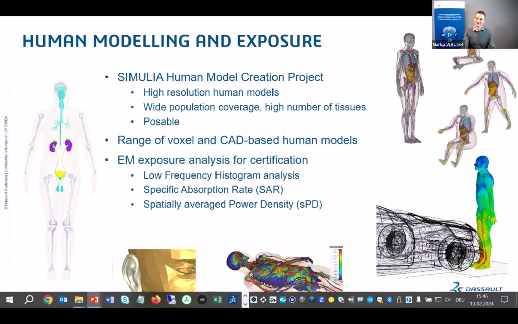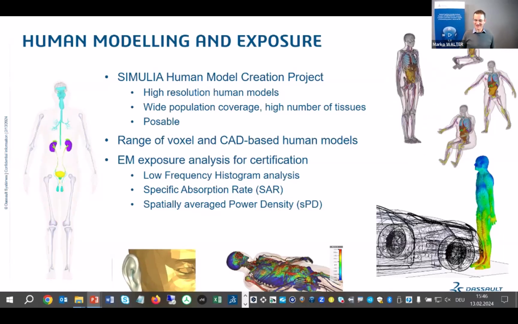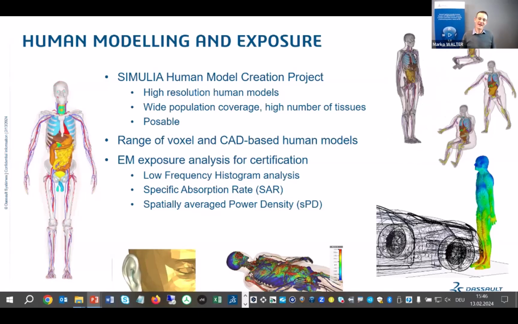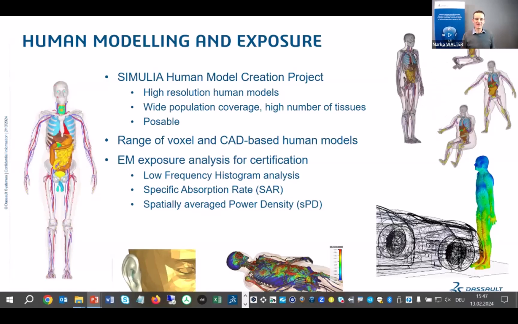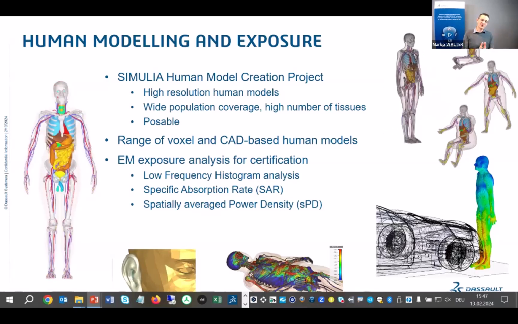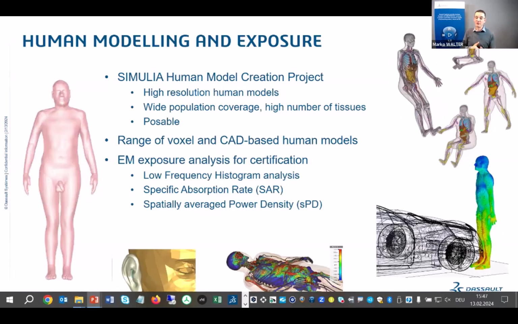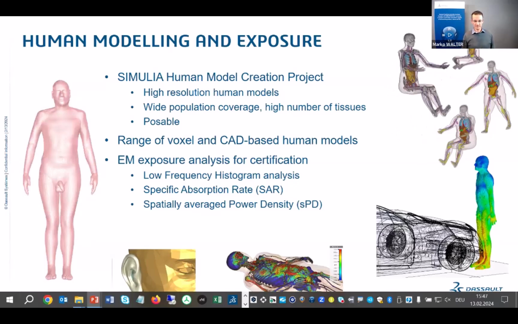So we want to consider not only straight up standing humans, but humans that are sitting or moving or lying down, or that are in the position that they might actually be in when they're exposed to electromagnetic fields. And using all these human body models, we can perform a range of electromagnetic exposure analyses suitable for certification.